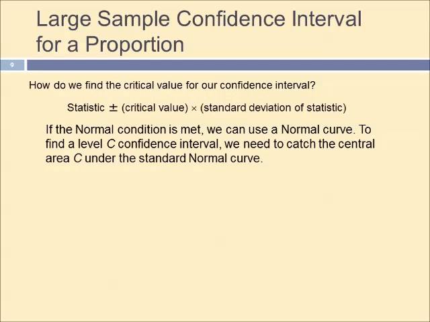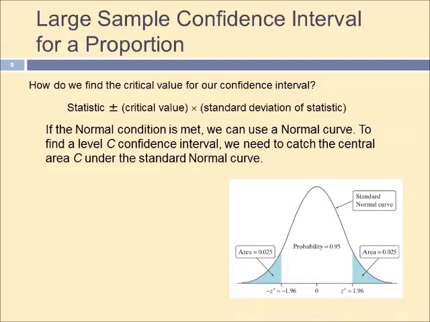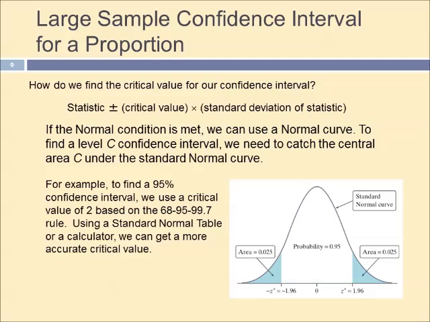So how do we find the critical value? Well, if the normal condition is met, we can use the normal curve. So to find a level C confidence interval, we need to capture the central area under the standard normal curve, like we've done before. For a 95% confidence interval, we use a critical value of 2, or actually 1.96.